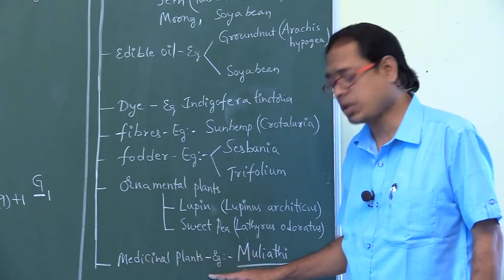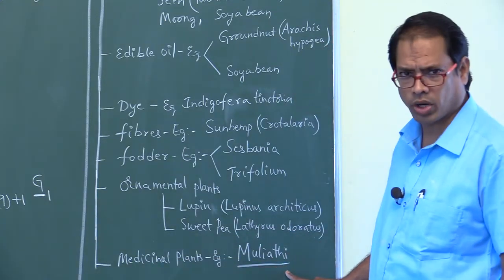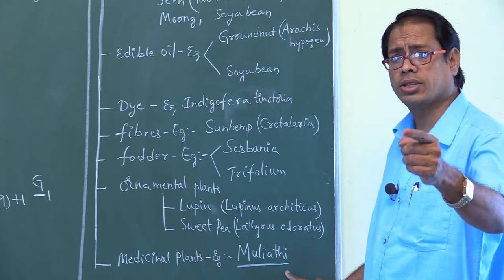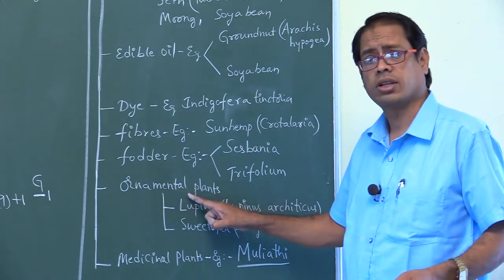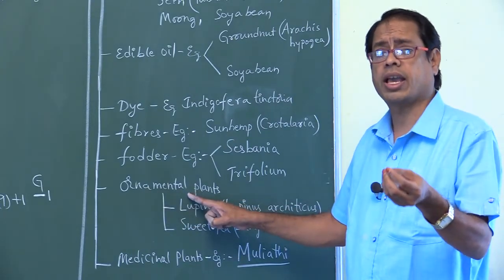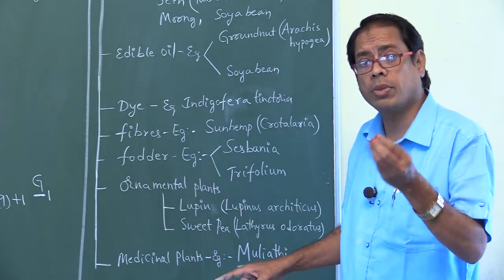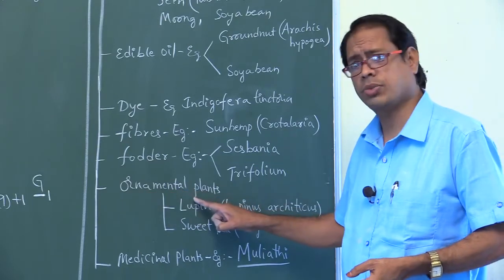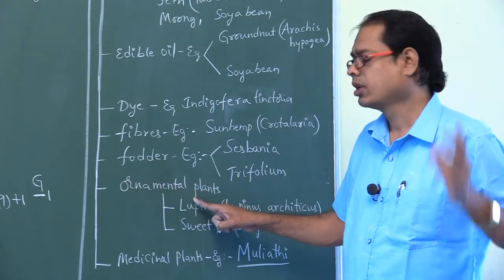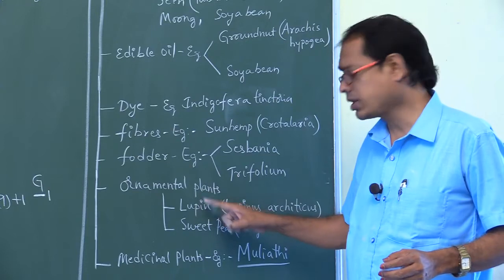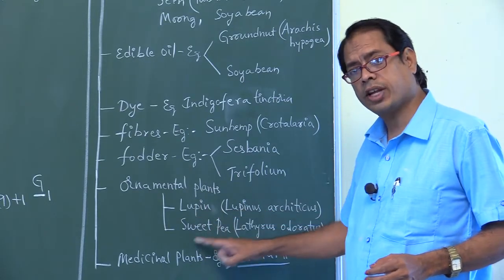Medicinal plant of Fabaceae is Mulethi, very important. Ornamental plants are for decoration, for a decorative purpose. Ornamental plants means lupin, sweet pea.